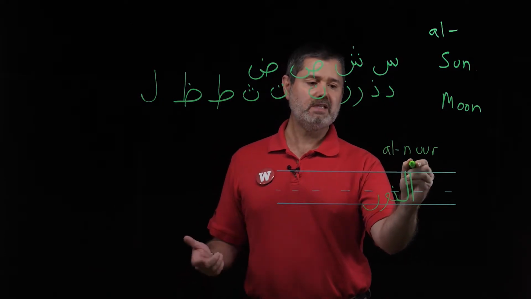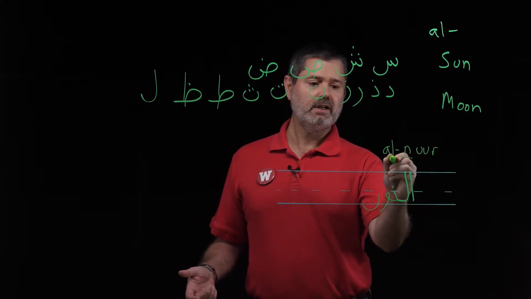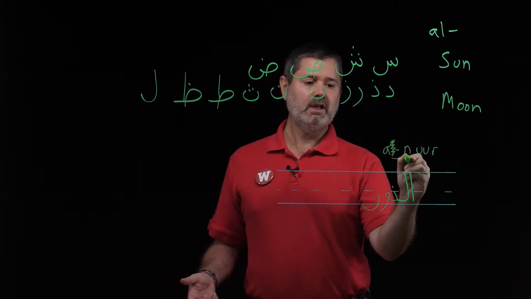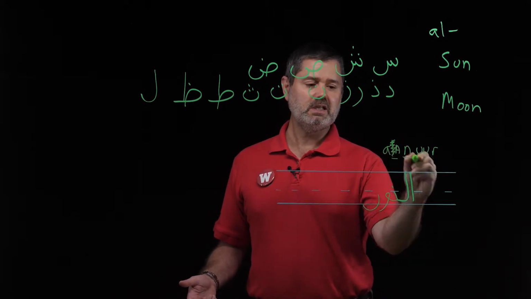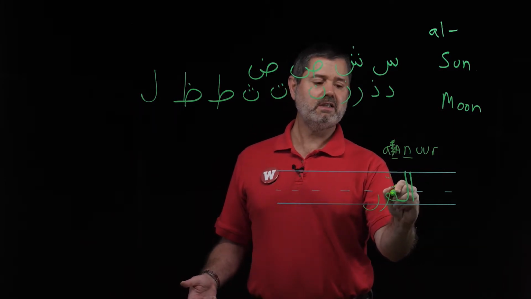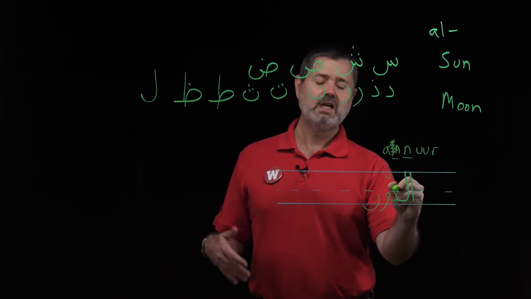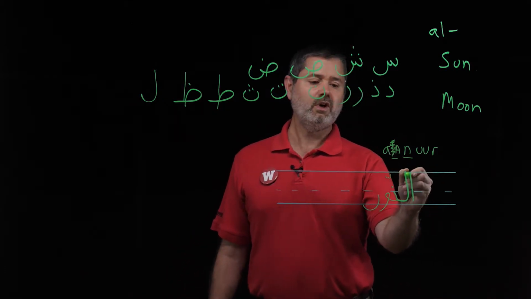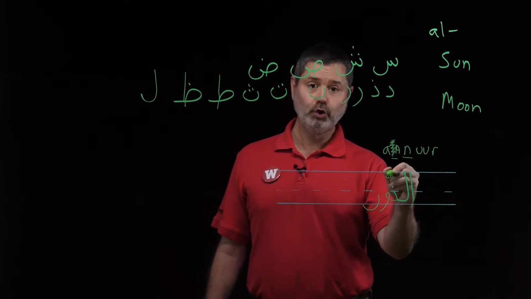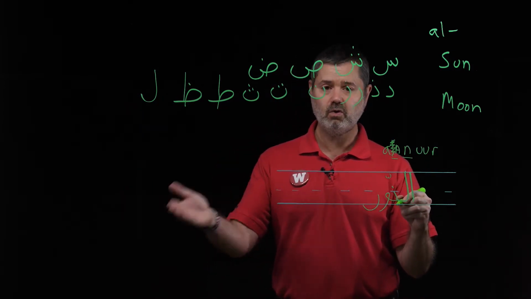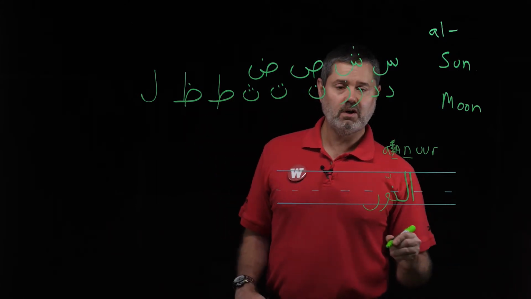So what happens is this letter absorbs the lam, the L sound, and it goes away. And actually this is doubled. So sometimes they will put a shedda here to indicate that this is doubled in pronunciation. A lot of times it's not written. It's just understood. When you see this, you don't pronounce it as al-nur, but you pronounce it as an-nur.